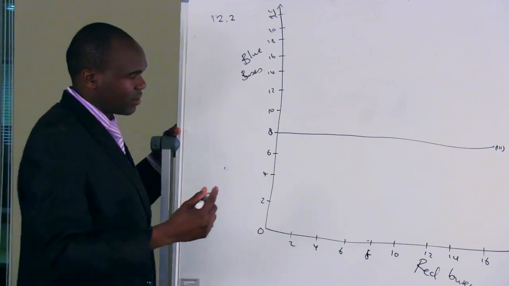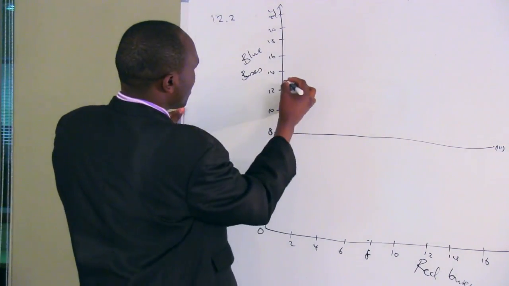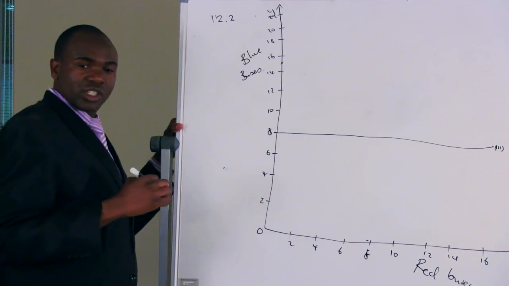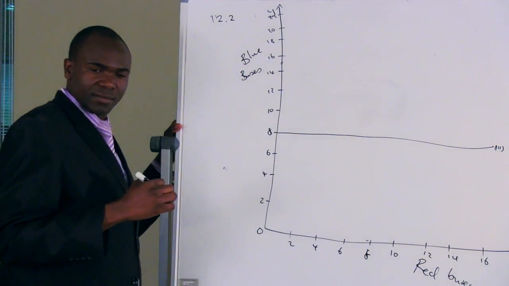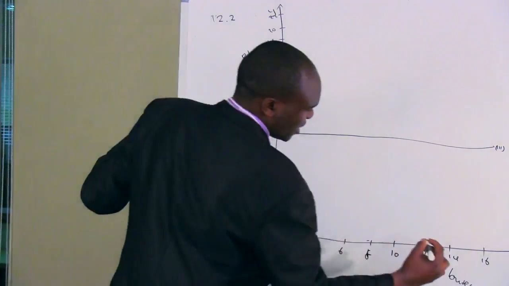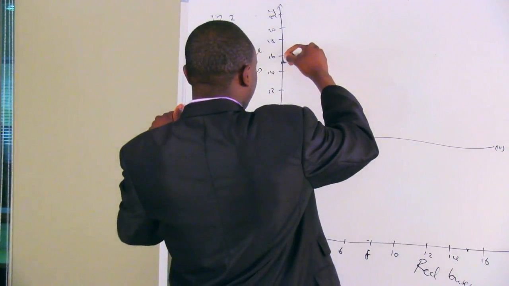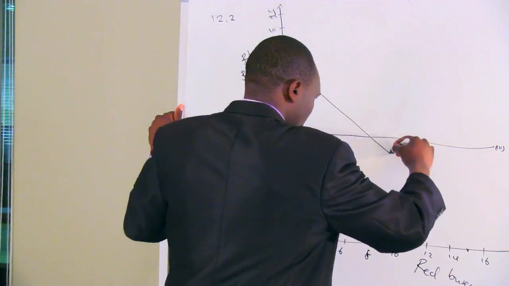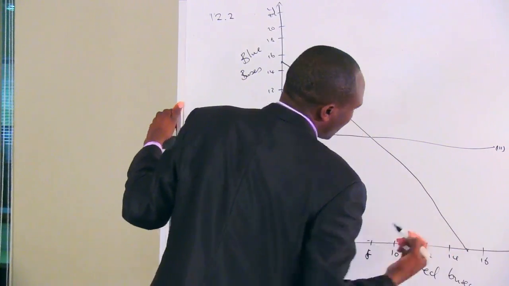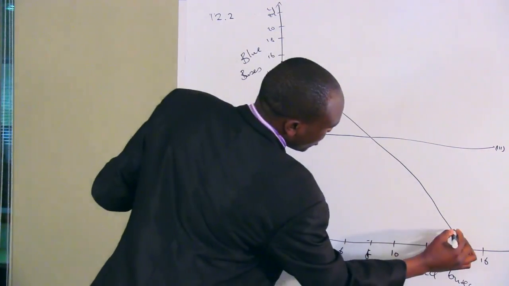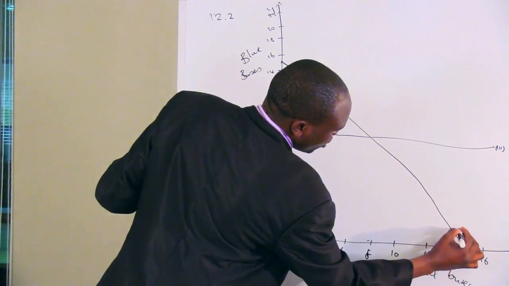It's 15, isn't it? So when x equals 0, y is 15. 15 is somewhere here. And then when y is equal to 0, what is x? 15 again, somewhere here. And then we join these two points together, like that. Okay? So this is our second. Let's just label it 2.